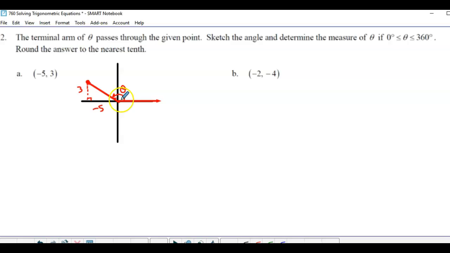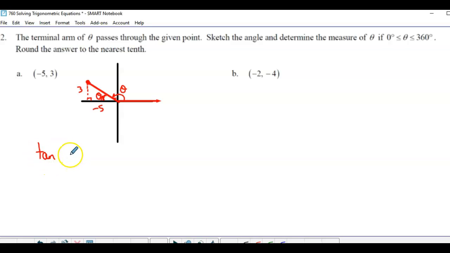So theta, the terminal arm passes through the given point, sketch the angle and determine the measure of theta, round to the nearest tenth. So really what we want to do is think about this reference angle in here. So we can use whatever trig ratio we want, but because we're given the x and y, why bother calculating the hypotenuse? Let's use tan.